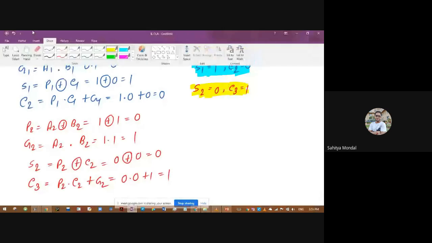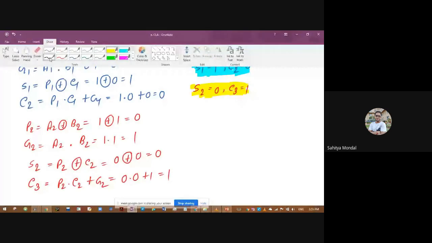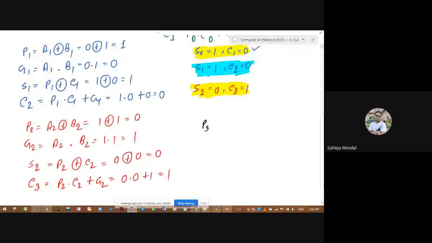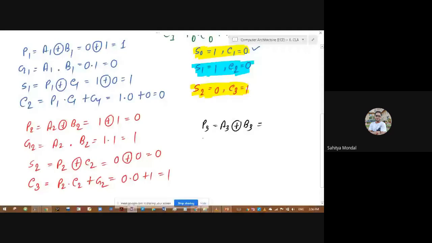And going to the last step, P3 equals A3 XOR B3. G3 equals A3 AND B3. S3 equals P3 XOR C3.